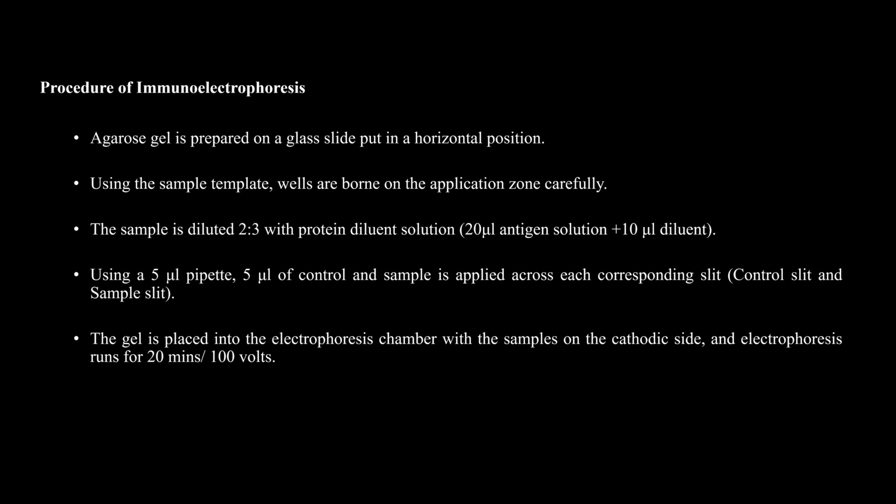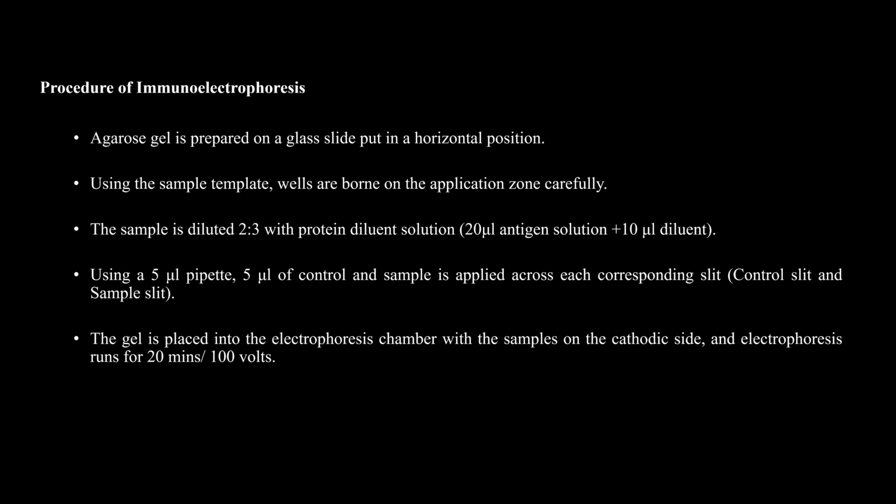The application is done carefully: sample template, 2 to 3 microliters of protein dilution solution, 100 of antigen solution plus 10, applied with a microneedle across the corresponding slide, with a control slide and the sample slide.